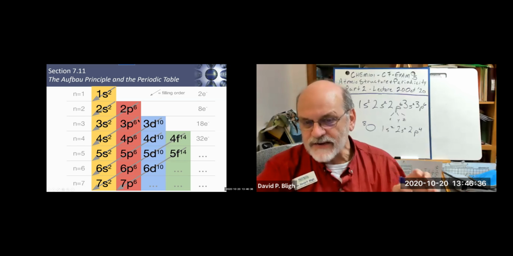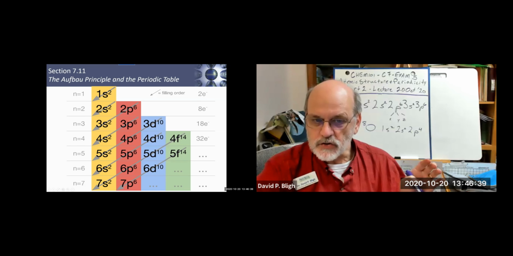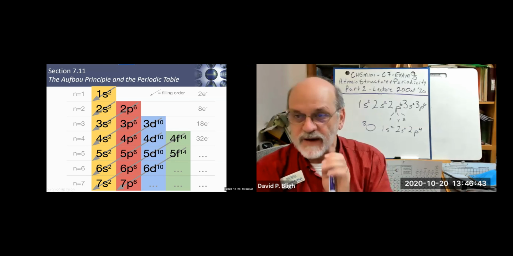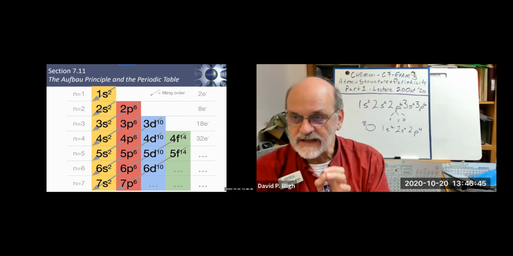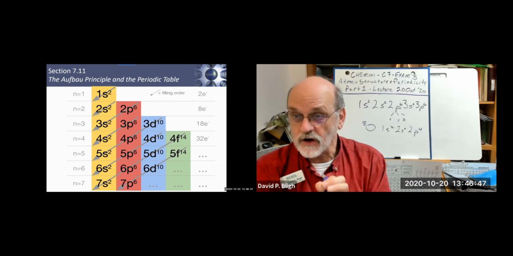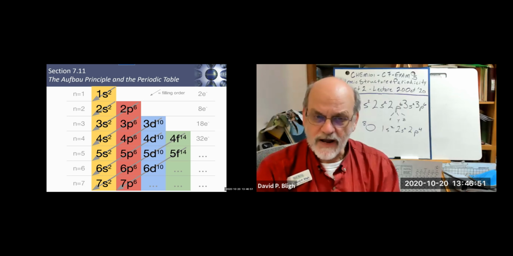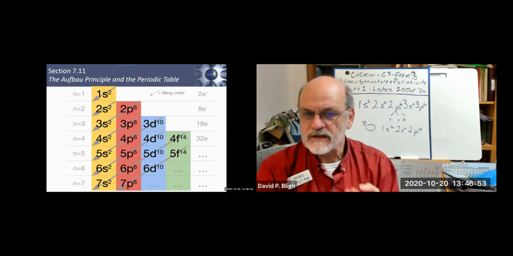But when you go past 3p, you get to 4s before you get to 3d. And this is based upon lowest energy level for the electrons that are inserting as we build atoms. So 4s is actually at a lower energy than 3d.